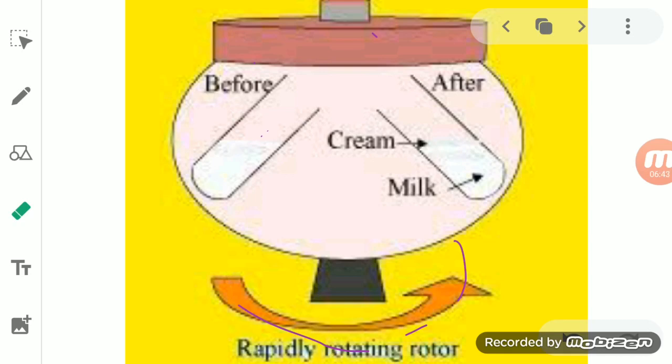If you take muddy water, the heavier sand particles settle down easily, but some clay particles remain suspended in the water. By the process of centrifugation, we can separate that clay from the water.